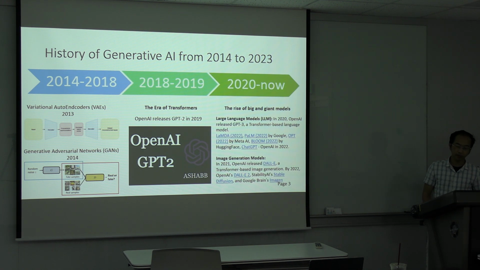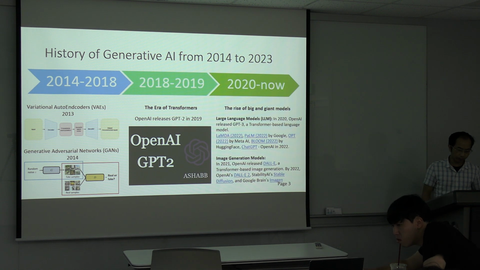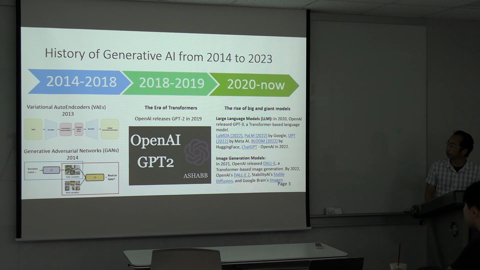Over the last 3 years, large language models with the transformer as the main backbone have shown notable performance, and image generation models like DALL-E, Stable Diffusion and Google's Imagen appeared just this year.